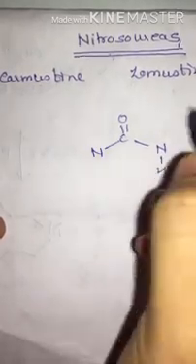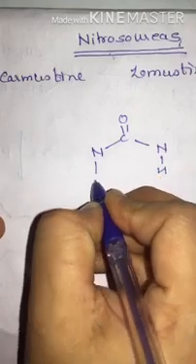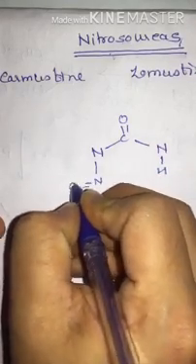The general structure of nitrosoureas is urea, so it has the structure of urea. Then it is nitrosourea, so a nitroso group is attached.